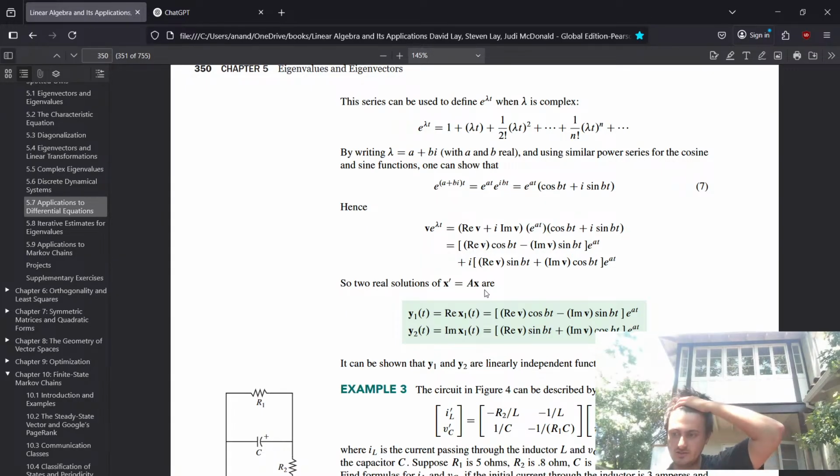And then y2 is equal to the imaginary part of x1 of t.